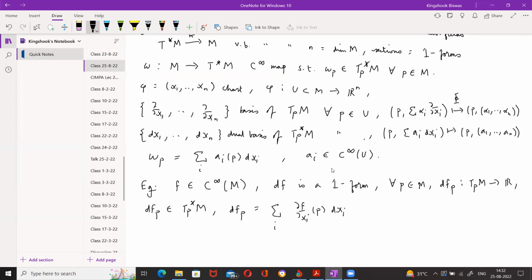So this is a natural example of a one form. Now, similarly, we can look at differential k forms.